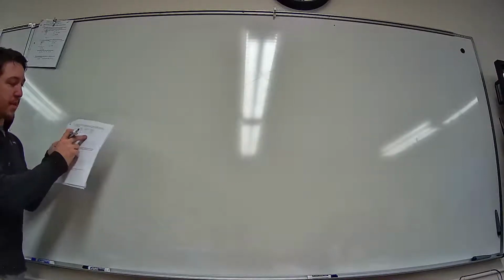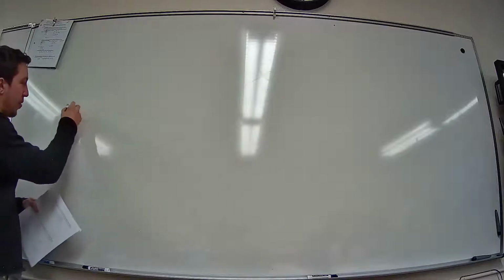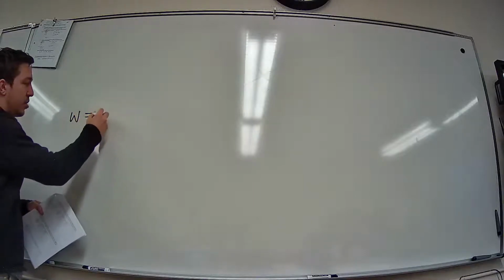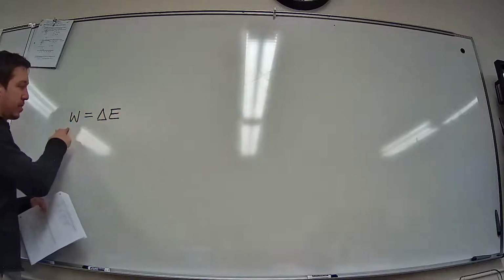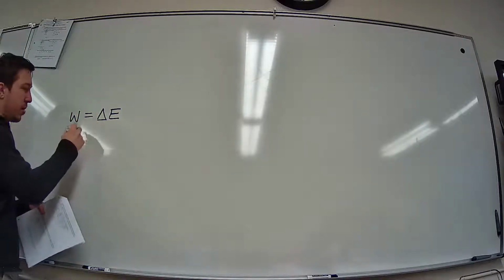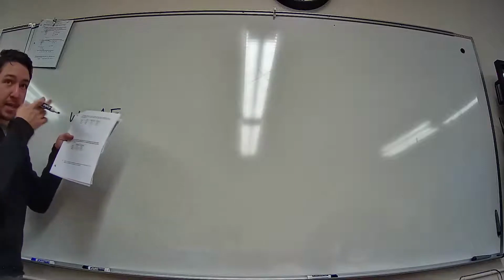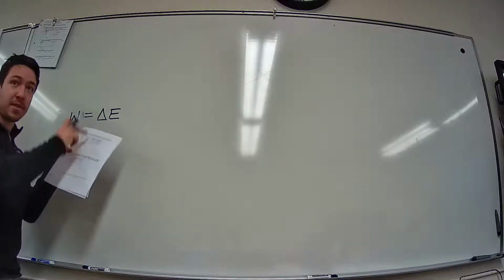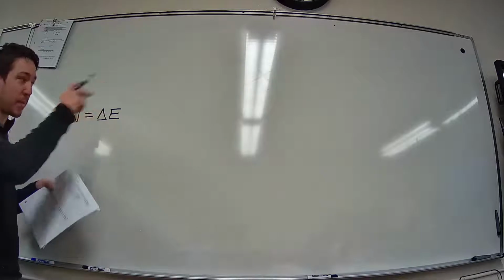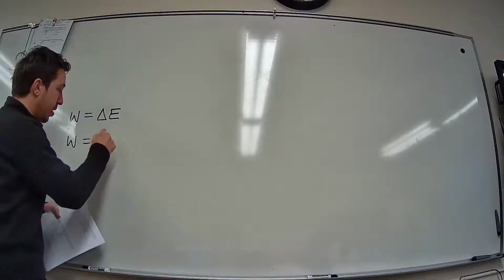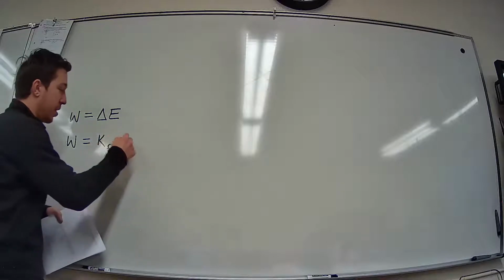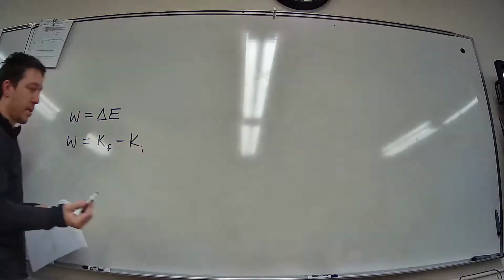For these ones, you have to think about how the work is the change. Maybe right here, I'll set a note for number 8. The work is the change in energy. So if you can calculate the initial energy of the system and the final energy of the system, those are two separate calculations. It's going to be basically the final kinetic energy minus the initial kinetic energy.